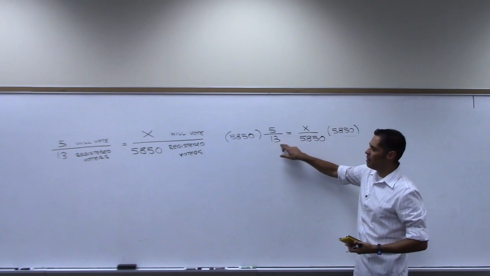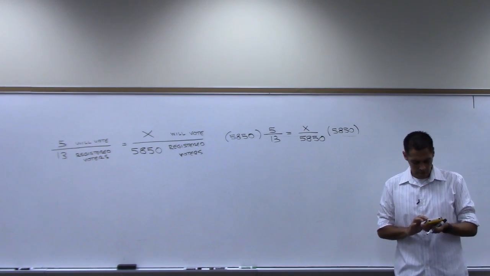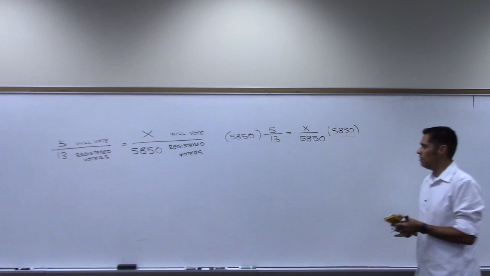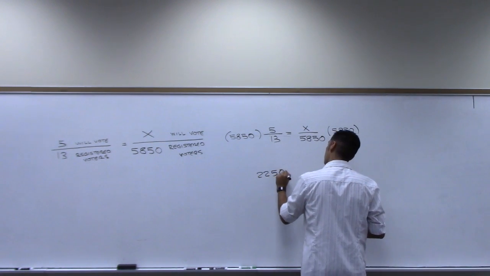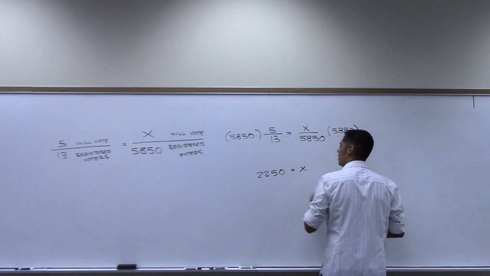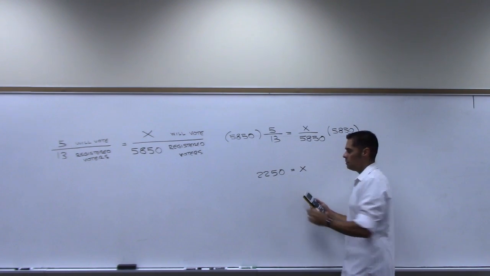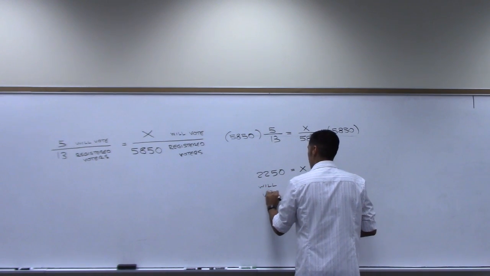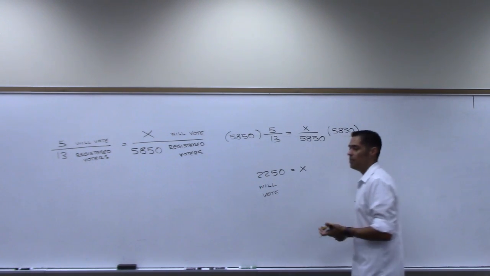I'm going to do 5 divided by 13 on my calculator, then I'm going to hit it with this multiplied. And I'm getting a number, oh, wow, that's a nice number. 2250 equals X. And this represents the number of people who will vote, right? Out of the whole town, instead of just out of the sample.